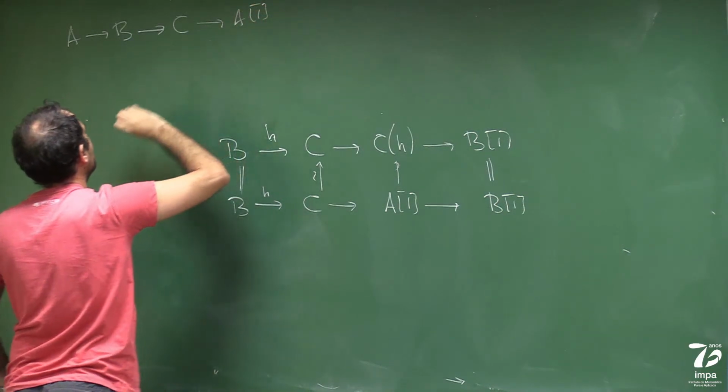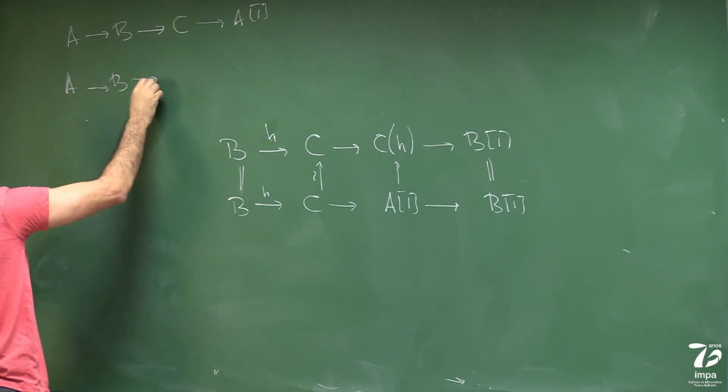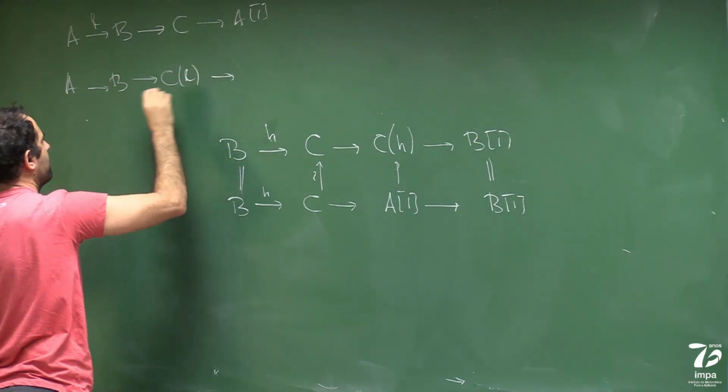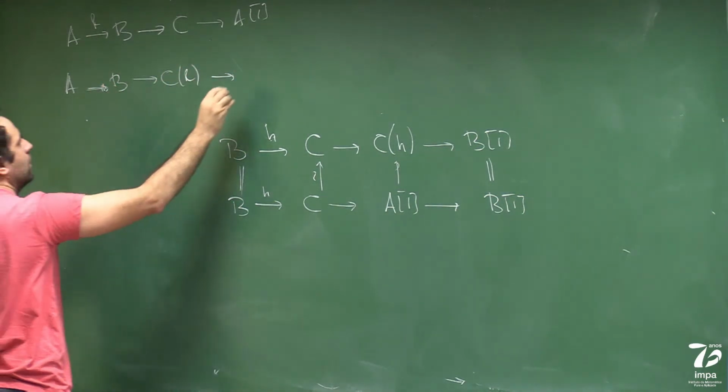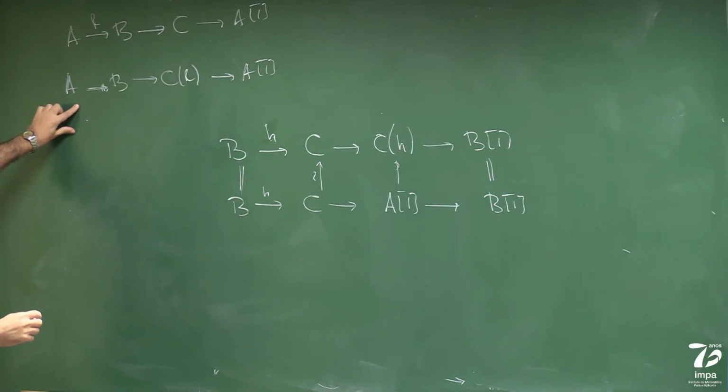This is what I started with. But I also have A, B. So if I call this F, the cone of F, A shifted by 1. I want to check that these two are isomorphic.